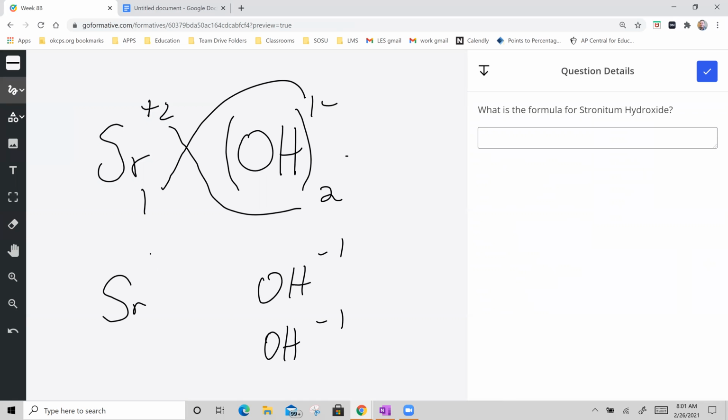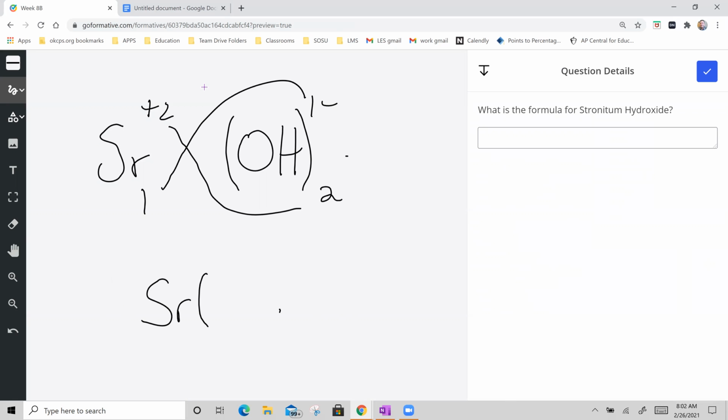I did it right the first time. So when you add these up, 2 plus -1 plus -1, you get 0. Now you don't need to show this step. I'm just showing you what this means. What you'll be doing is rewriting this picture into your answer, and it is Sr(OH)2. That's what that means.